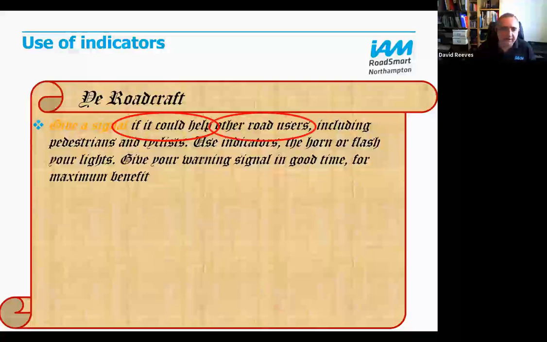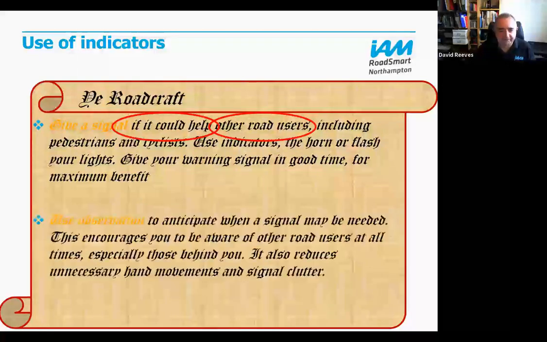It then goes on to flesh it out and say pedestrians and cyclists, but it could also say horses, skateboards, whatever other road users. So anybody around who would benefit from a signal, definitely do it if you think anybody might benefit.